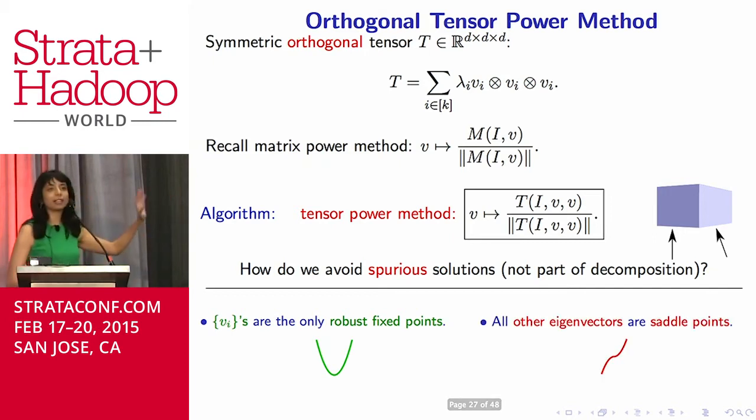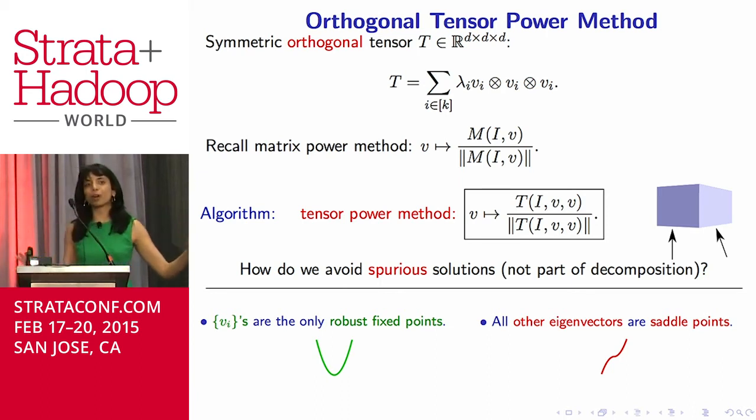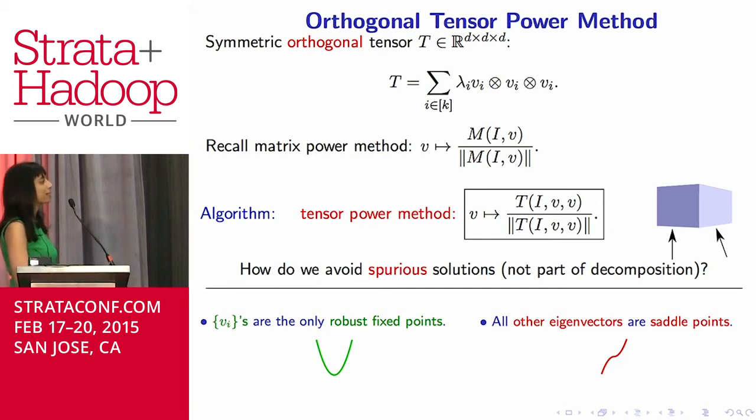All other eigenvectors are just saddle points, meaning you won't encounter them with probability 1. So what the theory is saying is that even though this is a non-convex problem, for such a class of tensors, I can correctly solve this decomposition. I can get the correct solution.